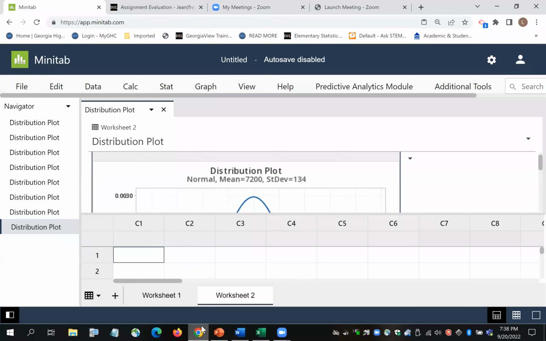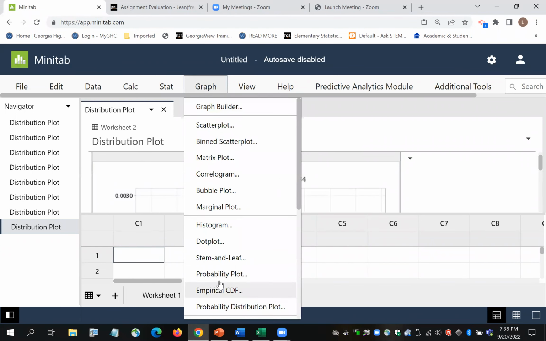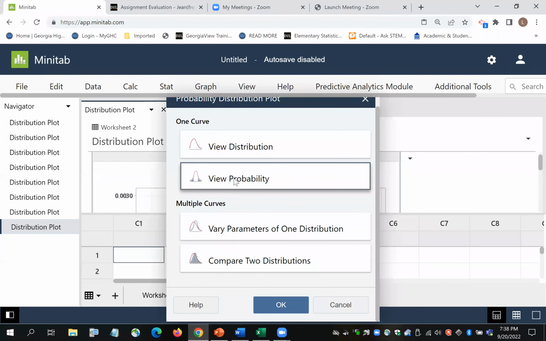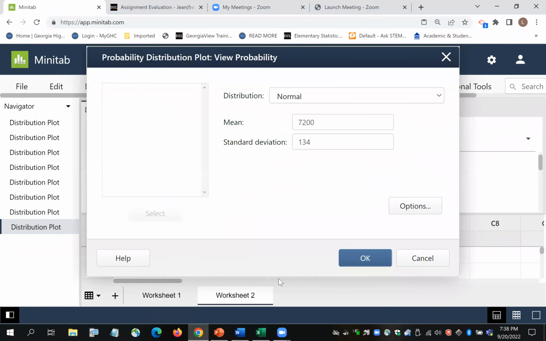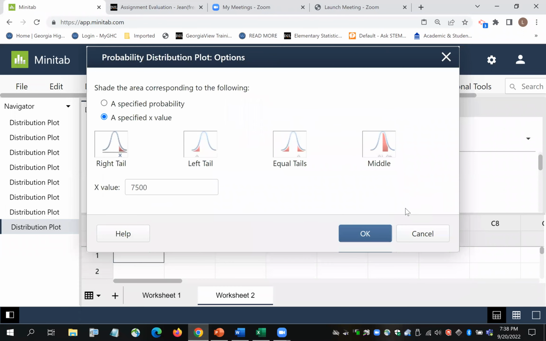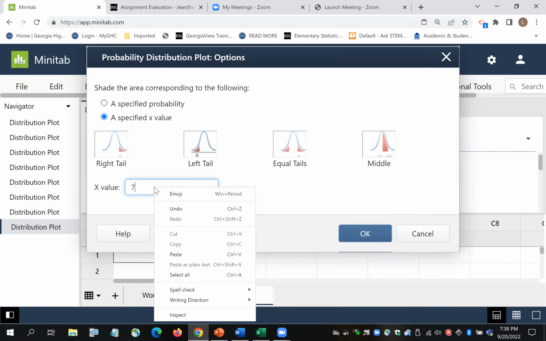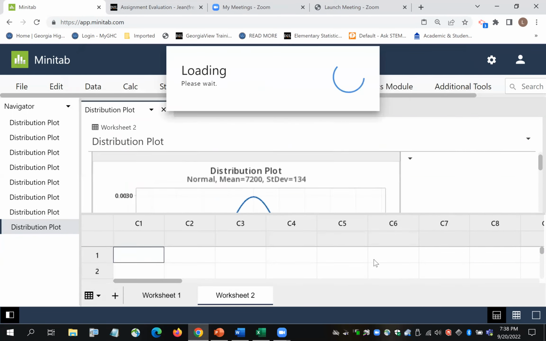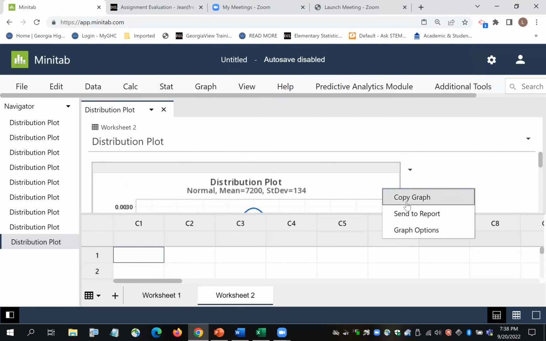To Minitab we go. Graph, probability distribution plot, view probability, click OK. It is normal. Mean is 7,200. Standard deviation is 134. Options. It is a left tail, and we want to be less than 7,000. Click OK. Get the graph.